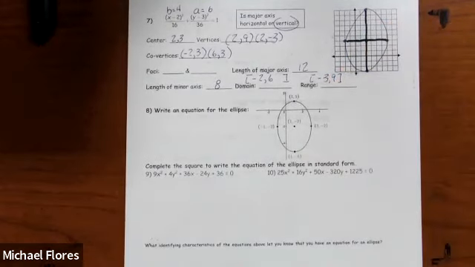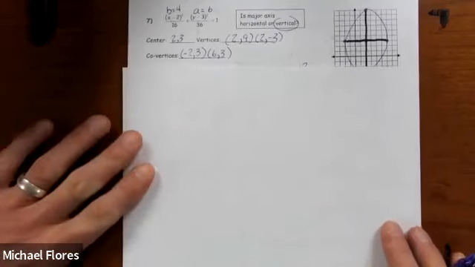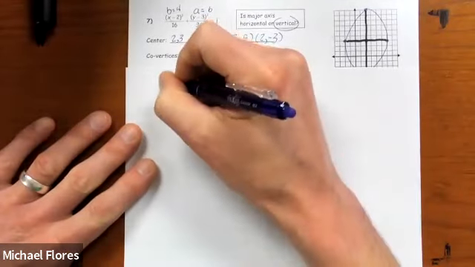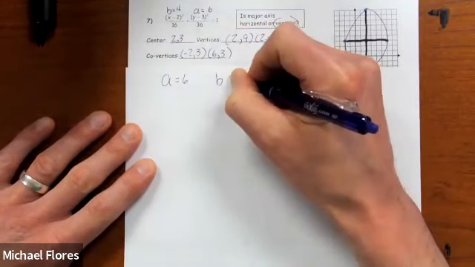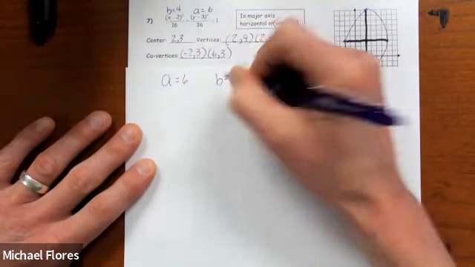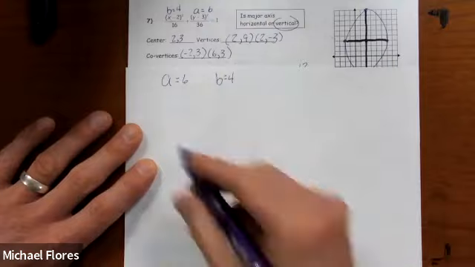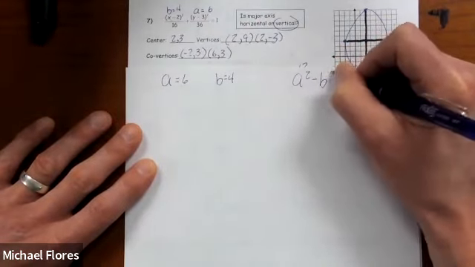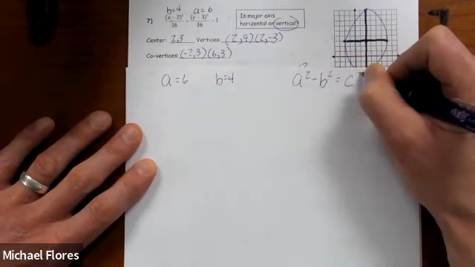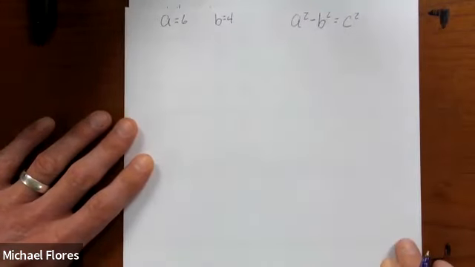Now let's go figure out that focus or foci, because there's going to be 2 of them. Our A value is 6. Our B value is 4. That formula once again. So let's go.